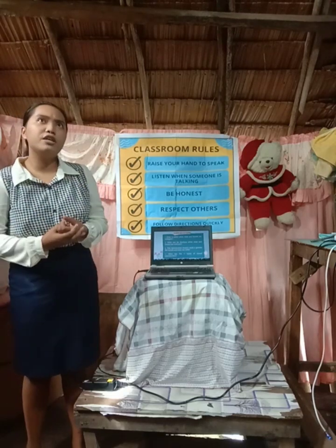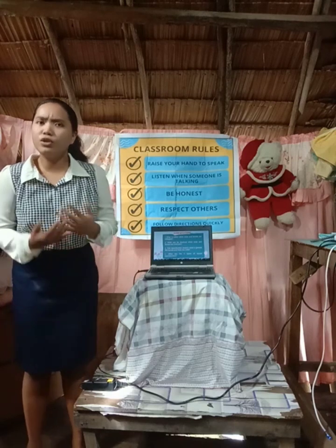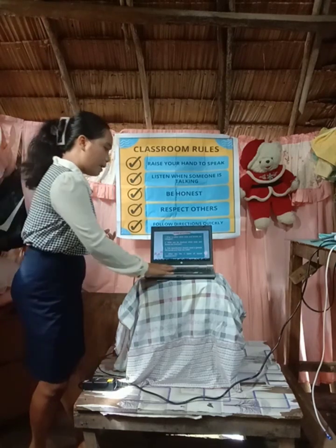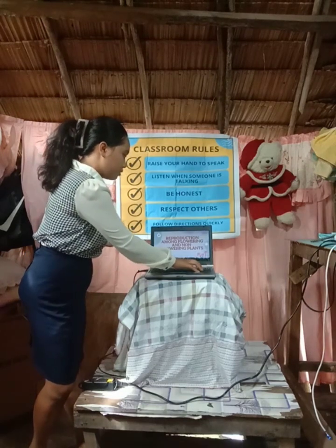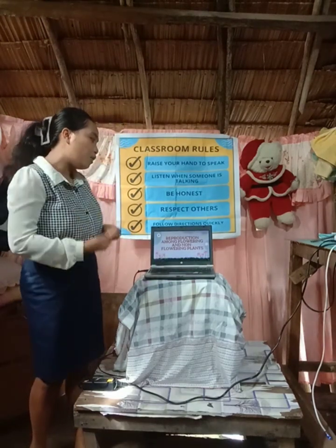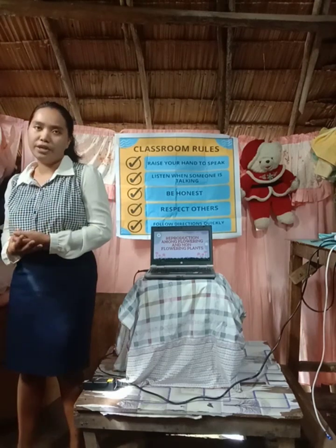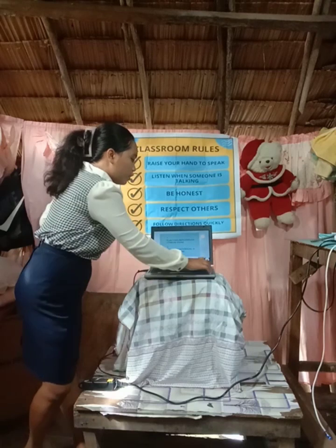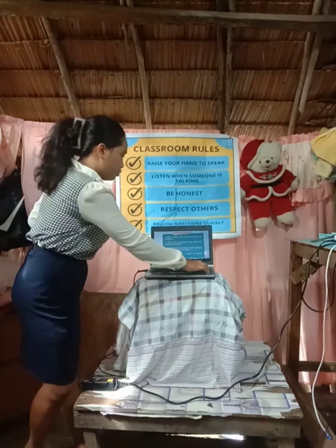Before anything else, what do you think our lesson for today is? Very good. It is all about reproduction among flowering and non-flowering plants. Let's all read our learning objectives.